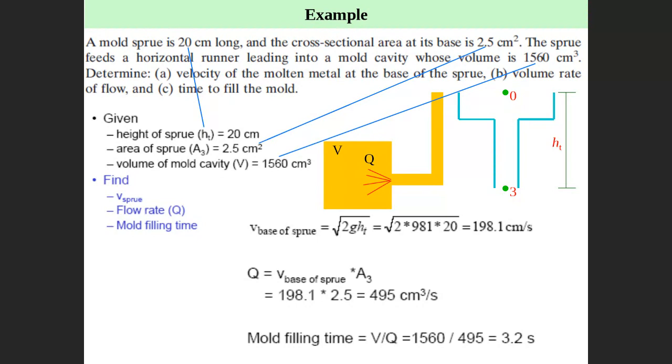As long as we know the velocity at 3 and the area at 3, we can apply it at 3. So Q equals V3 A3. V3 we already have, and the area is already known, 2.5. You multiply V by A, then you get Q.